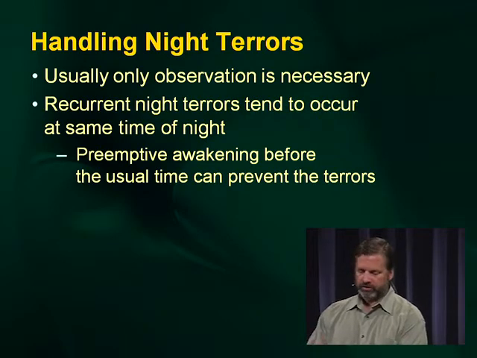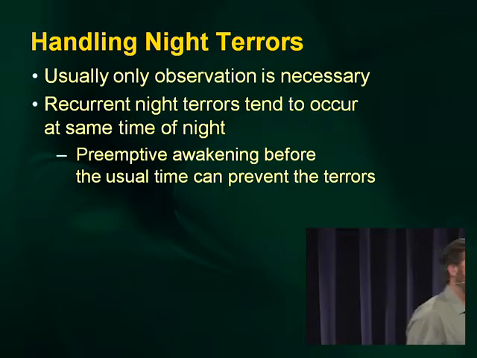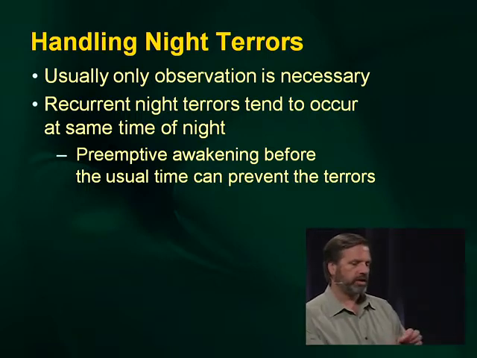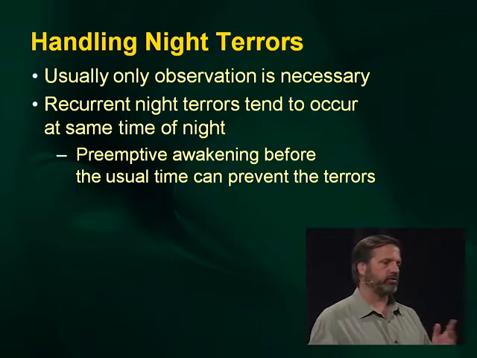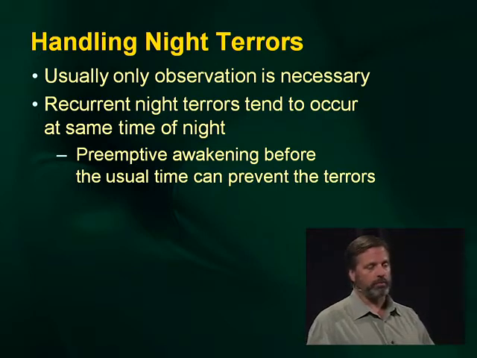So for night terrors, again, just keep the child safe. With all the parasomnias, if they become a real problem, you can actually disrupt them by disrupting the natural sleep-wake cycle. As an example, the parasomnias tend to occur right in the transition to deep sleep, and so what you want to do is disrupt that cycle.